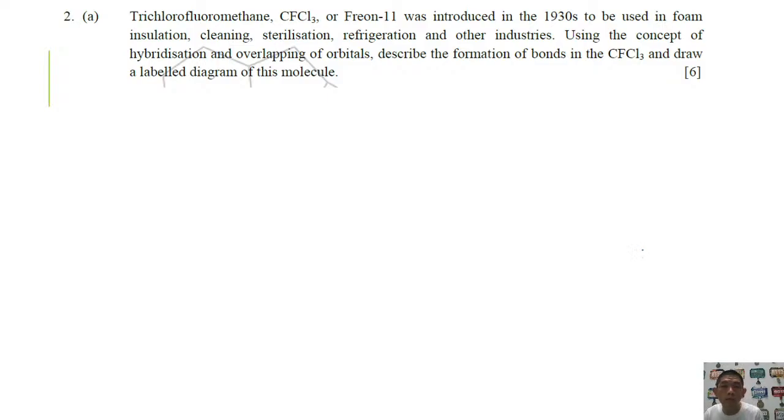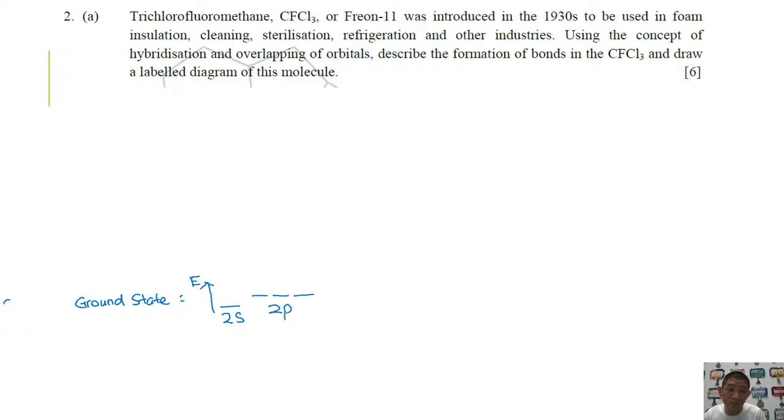For drawing the hybridization structure, usually I advise students to draw as fully as you can, starting from the ground state. You draw the energy level. For an essay, spending a little more time to answer is okay.